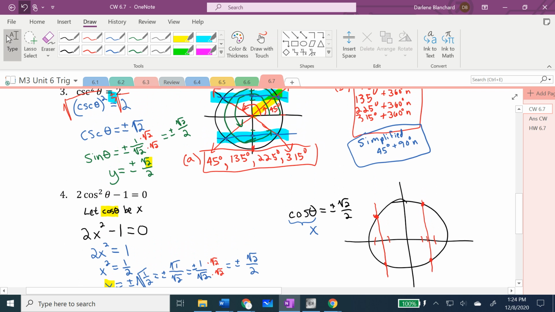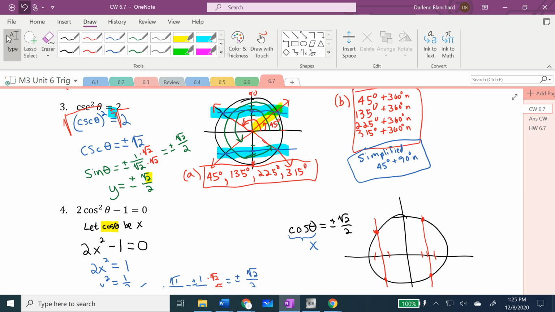We're actually ending up with the same exact answers we got in number 3. It's just we got to them with vertical lines instead of with horizontal lines.